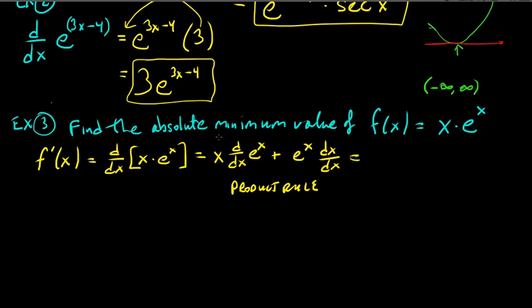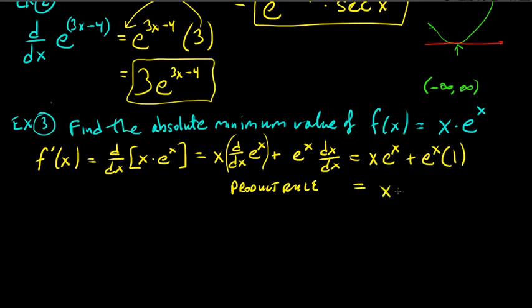Now, what's the derivative of e to the x? Well, we just said that. It's e to the x. Hopefully you can remember that. So this first term here is x times e to the x, plus e to the x times the derivative of x, which you should know by now is 1.